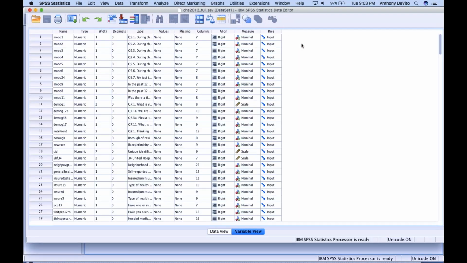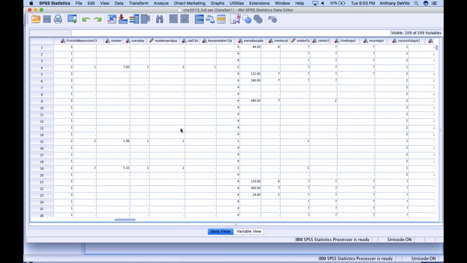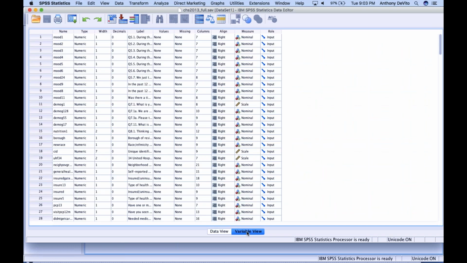Now, in the input window, we have two different views. We have the data view, which actually lists all the columns of the variables, and the variable view, which allows us to see how these different variables are structured.